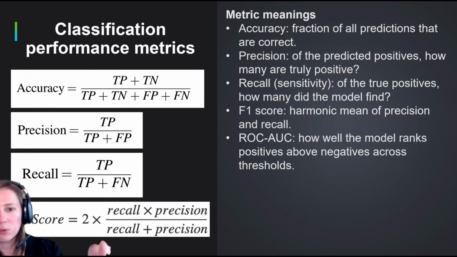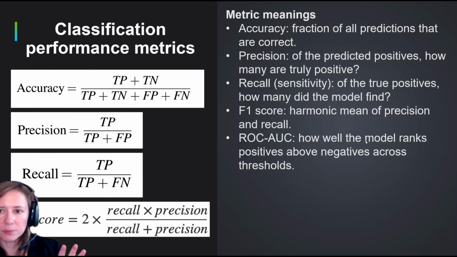You have many more zeros than ones, many more controls than cases, right? Then we have precision and recall, which are slightly different. They calculate different aspects of the correct versus wrong predictions. The precision asks: of the predicted positives, how many are truly positive?